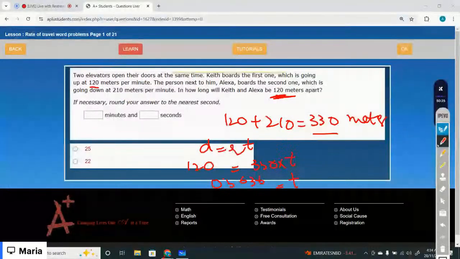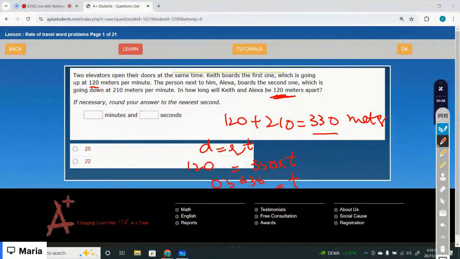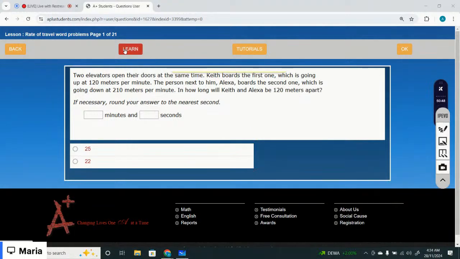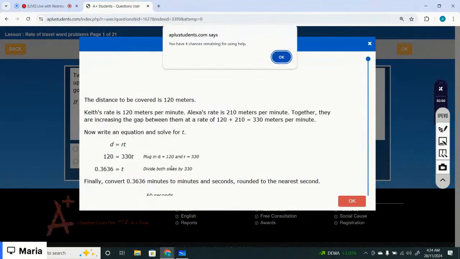Convert it: multiply by 60 so that we can have the answer in seconds, right?